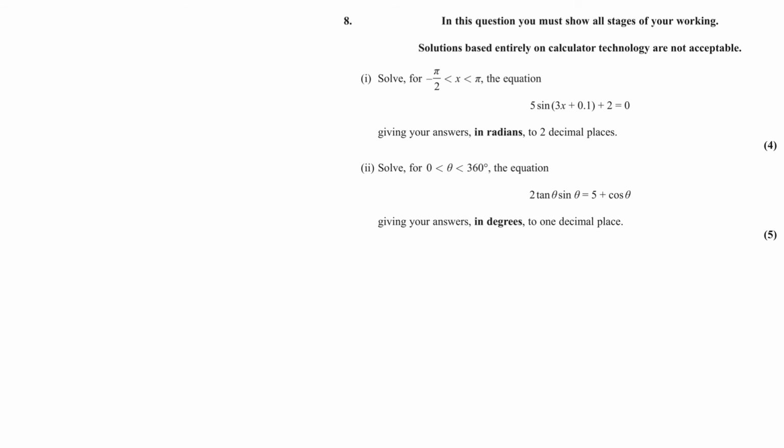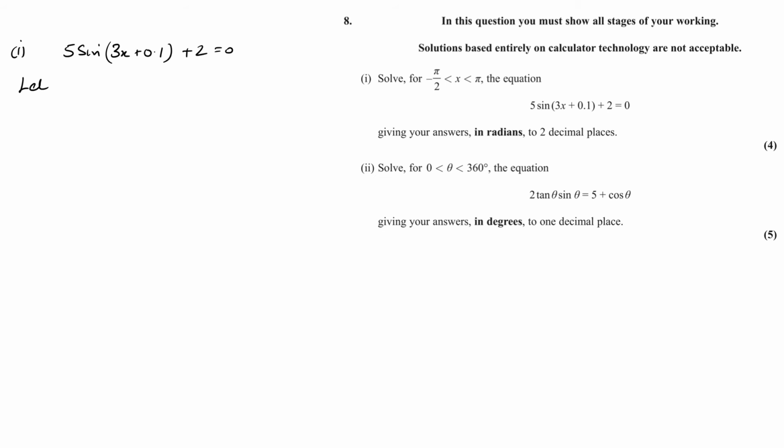Now, this tells you to show all stages of your working. So you do have to be a little bit careful. But let's start off with the first. So I've got 5 sine (3x plus 0.1) plus 2 equals 0.